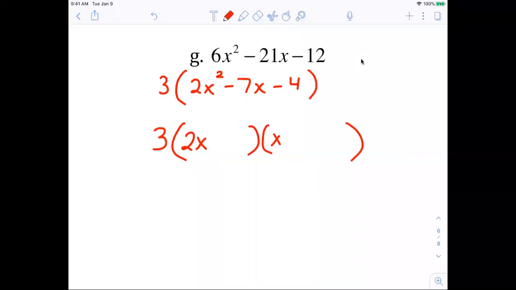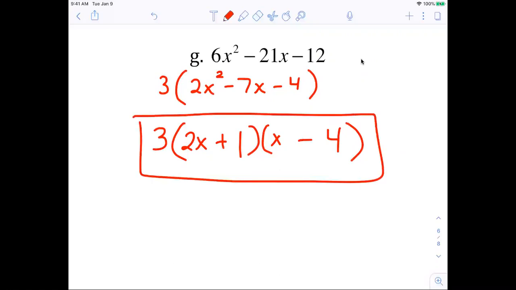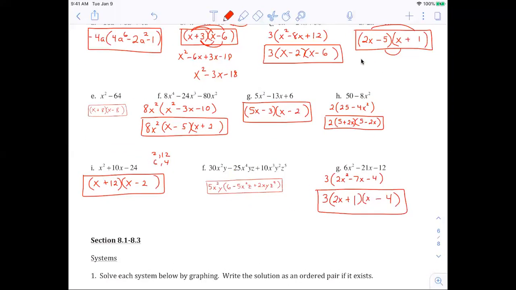And now my outside terms have to multiply to get 4 and add or subtract to get 7. So if I had 4 and 1 and made this negative, so that's negative 8x, and positive 1x, negative 8x and positive 1x would give us negative 7x in the middle. So that is our fully factored form.